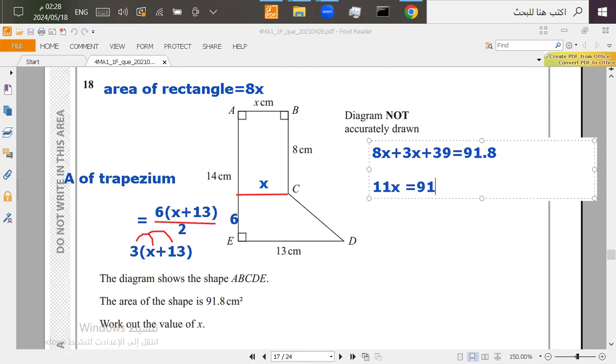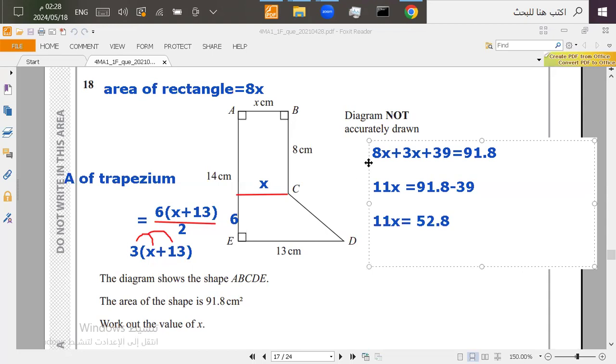So 11x equals 91.8 minus 39, which is going to be 52.8.